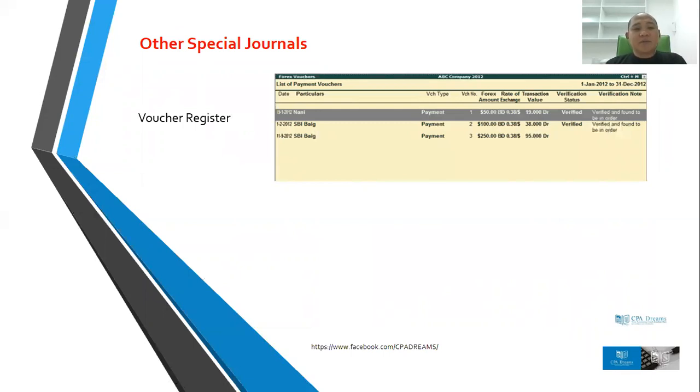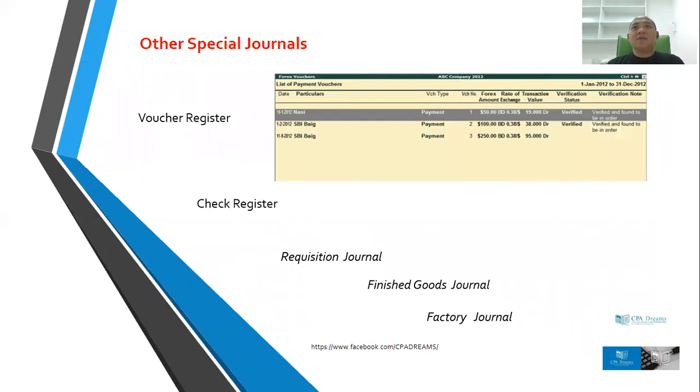What are the other types of special journals? We have the check register, requisition journal, finished goods journal, and factory journal. The check register is used in a voucher system, for all transactions involving payment by check. The requisition journal, in a cost accounting system, records transactions involving issuance of raw materials and manufacturing supplies to different departments.